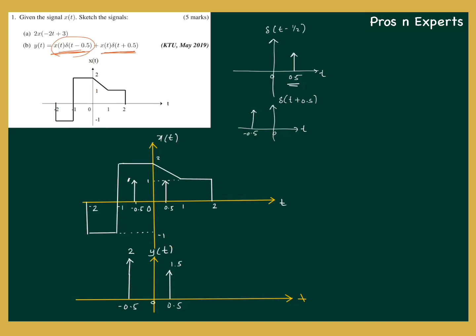We are adding this impulse whose strength is 1.5 at 0.5, plus this signal x of t into delta of t plus 0.5 at minus 0.5, which has a strength of 2. When you add these two signals, the result will be this signal, because all other t values are 0. So this is the final answer to question B.